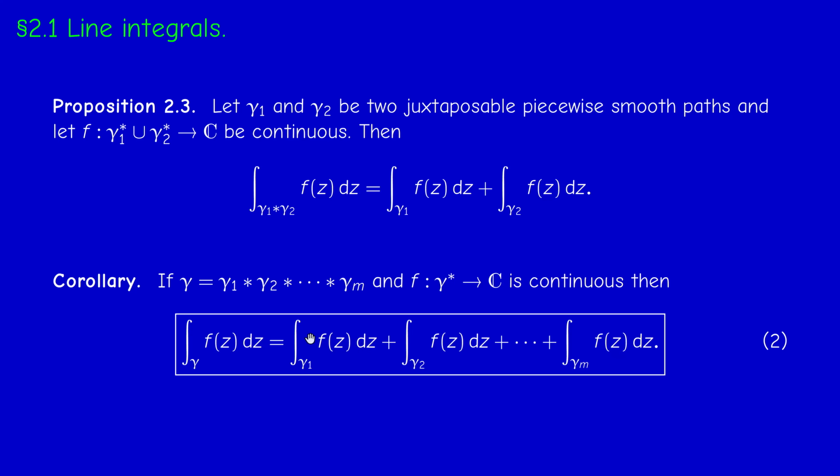And now we compute each integral by formula 1. This is what we do in practice. So we decompose gamma into parts, each of which is C1. These are equivalent actually, but this is what you do in practice.